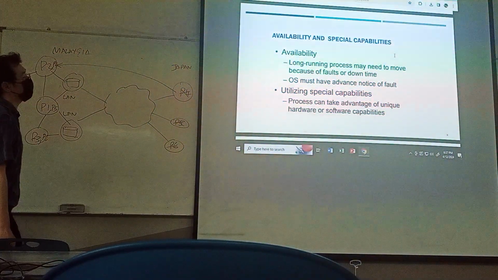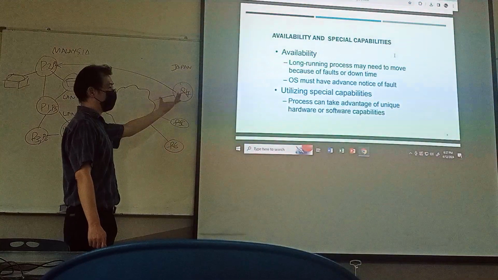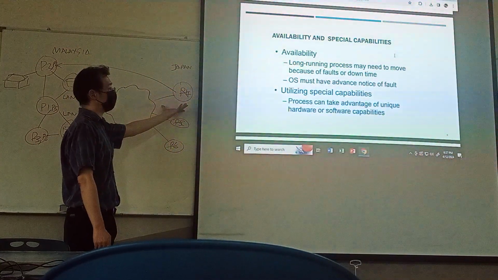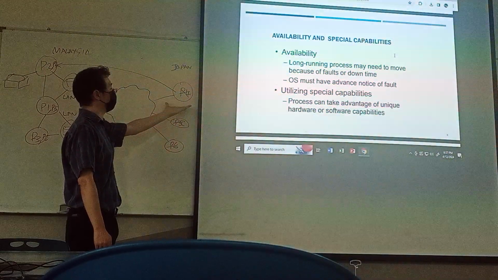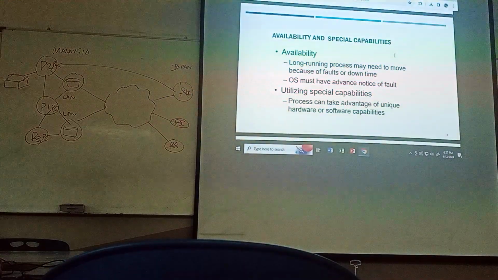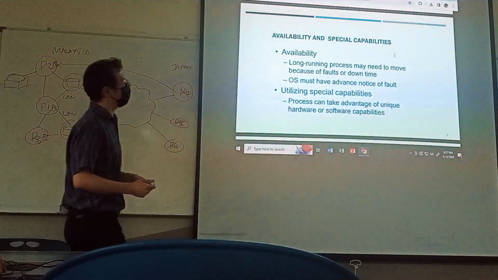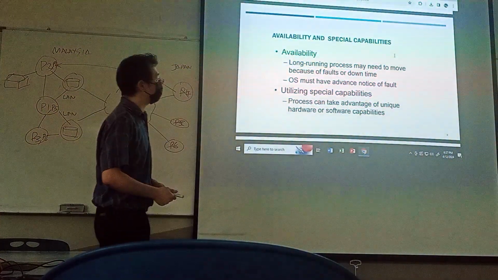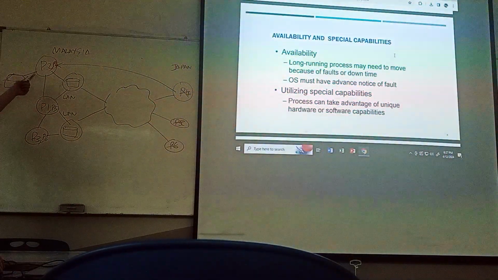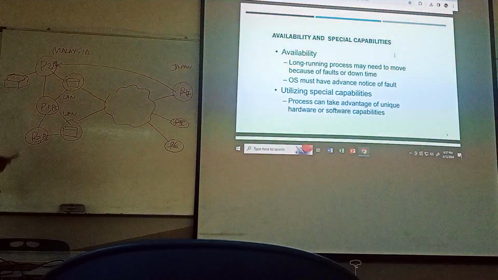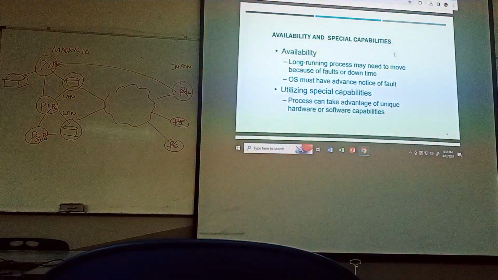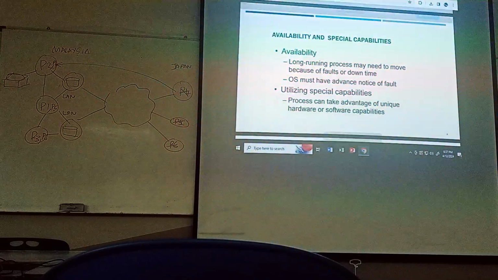The third one is availability, meaning that you have an infrastructure, but then there's some natural cause, which causes it to not be available, so you have to move it away. And the fourth one is to use the special hardware or software on that particular computer, or you need some special capabilities, then you migrate to that particular computer. So you need this migration, alright?